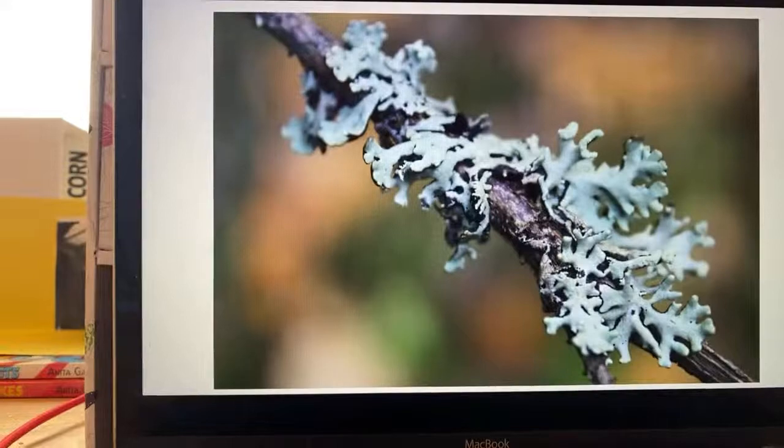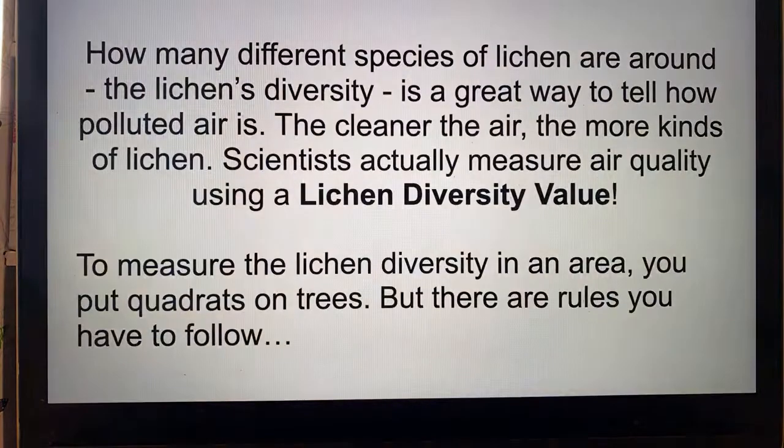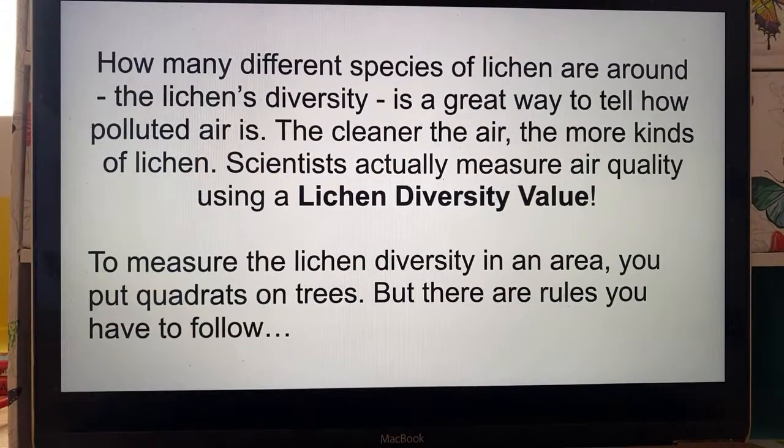Right, talking of real life examples, a little quiz for you before we end. Lichen. It's lovely stuff, isn't it? It looks like a plant. It's actually a plant and fungus working together. How many different species of lichen are around, which we call the lichen's diversity, is a very good way to tell how polluted air is. The cleaner the air, the more different kinds of lichen you find. I knew this.